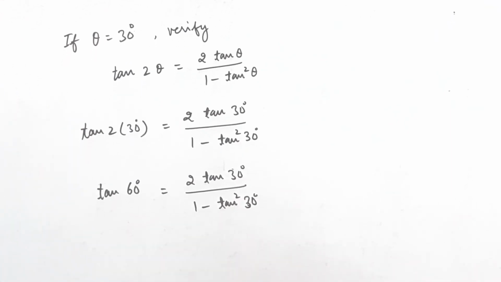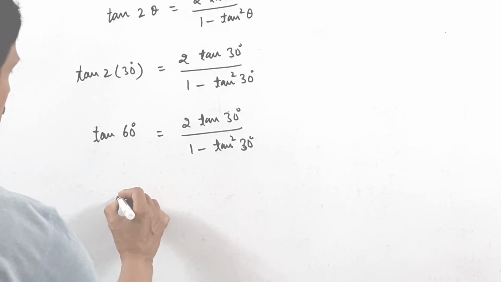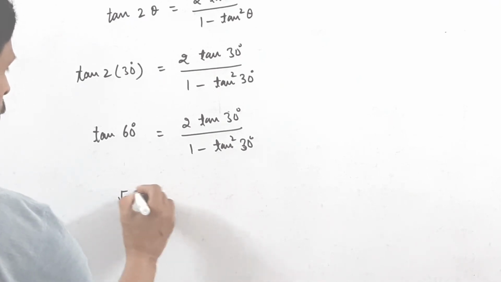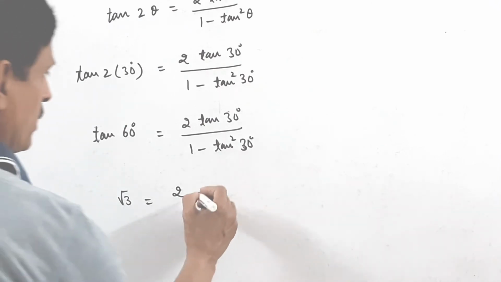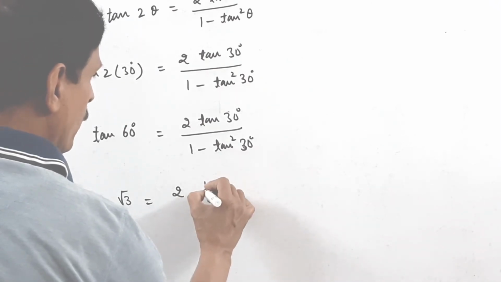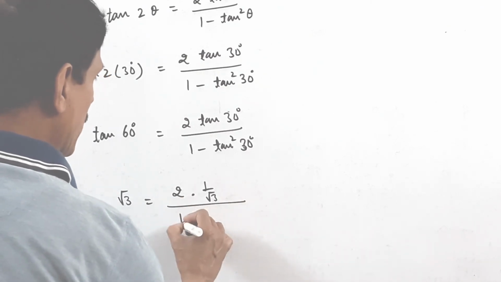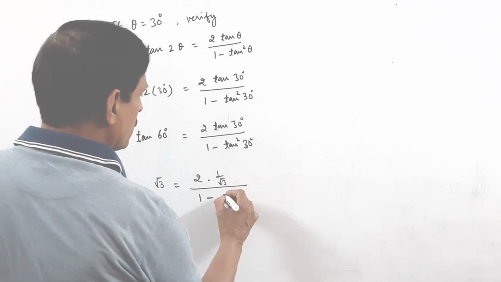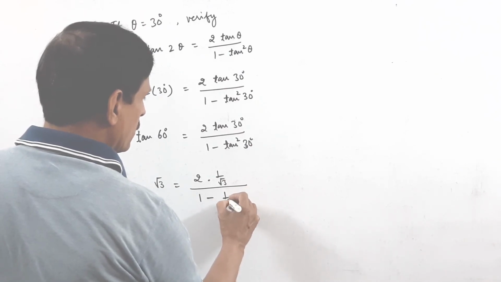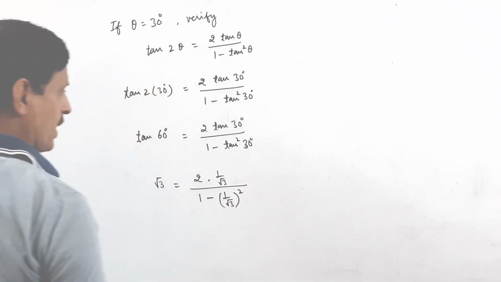From the table we substitute the values of these ratios. Tan 60, that is root 3, is equal to 2 tan 30, 1 upon root 3, upon 1 minus 1 upon root 3 square.